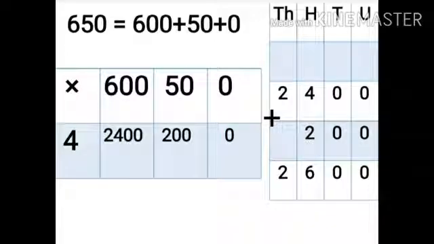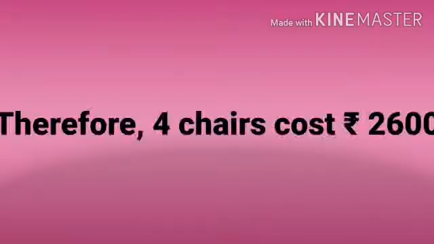Now moving on to the addition part, starting from the units, 0 plus 0, the answer is 0. 0 plus 0, the answer is 0. 4 plus 2, the answer is 6. 2 plus nothing, the answer is 2. Therefore, 4 chairs cost rupees 2600.